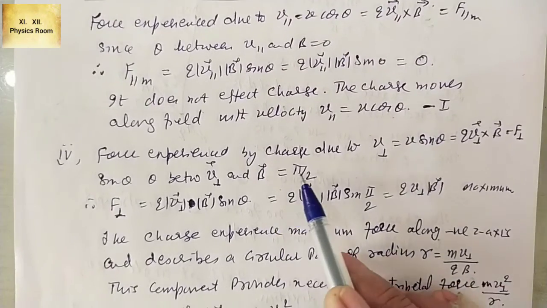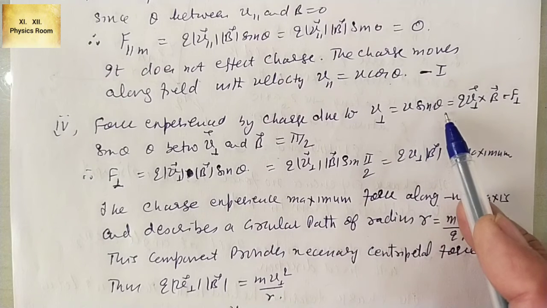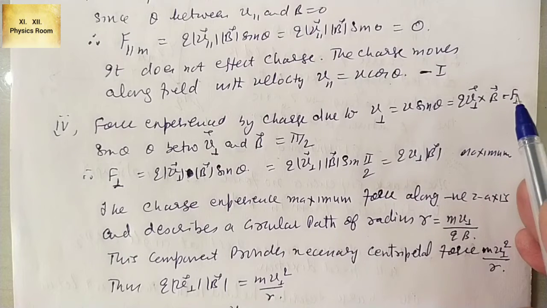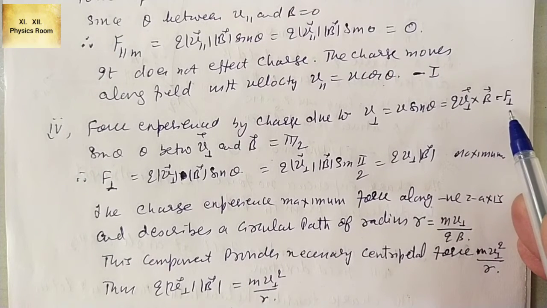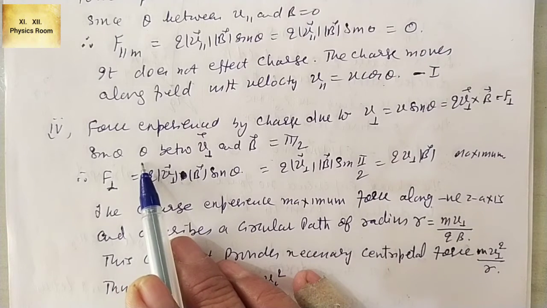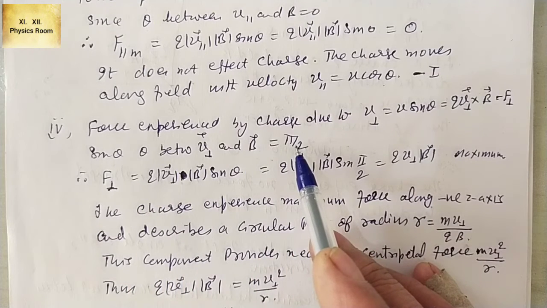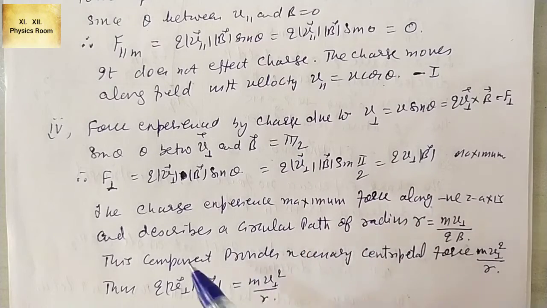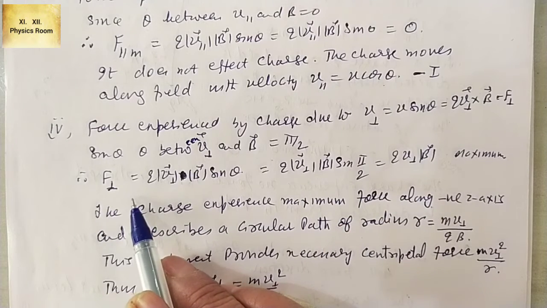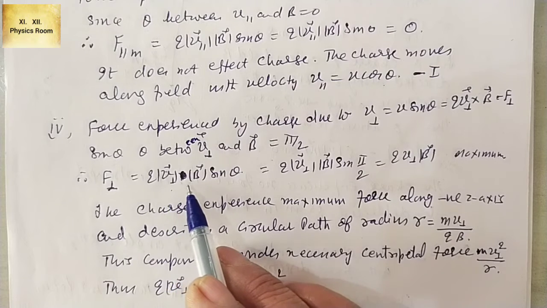Now the force experienced by the charge due to the perpendicular component. V perpendicular is V sin theta, and the force is equal to Q V perpendicular cross B, that is F perpendicular, the force experienced due to the perpendicular component of velocity. Now theta between V perpendicular and B is pi by 2. So F perpendicular will be equal to Q V perpendicular |B| sin theta.